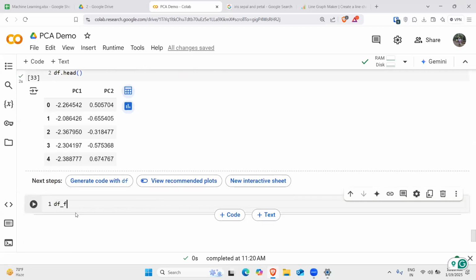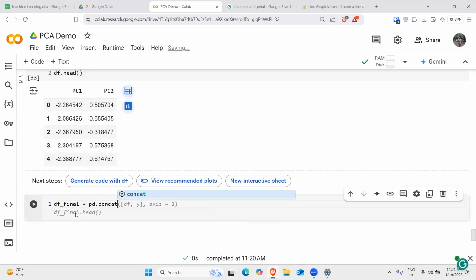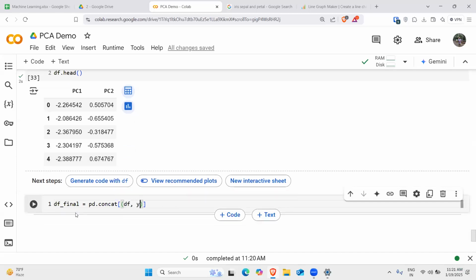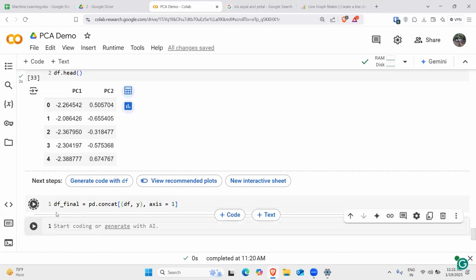Then my df_final would be pd.concat of df comma y, comma axis equal to 1. So I have PC1, PC2, and my iris data frame.